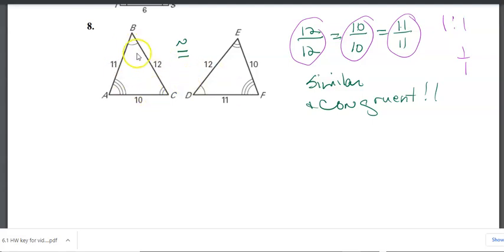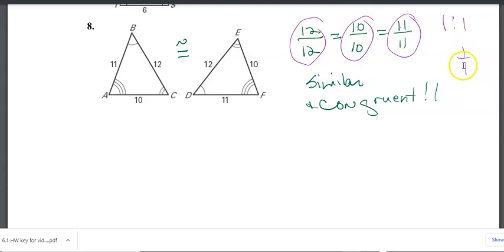Take the biggest side here, which is 12, over the biggest side here, which is 12, the medium here, which is 11, over the medium here, which is 11, and the smallest, which is 10, over 10. These are all equivalent to 1 over 1. So the scale factor is 1 to 1.